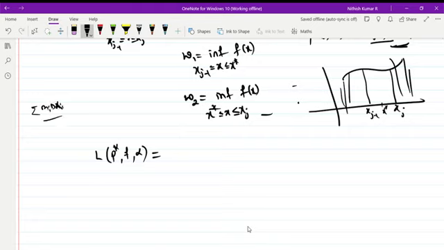So I get something like m1 delta alpha 1 plus so on.